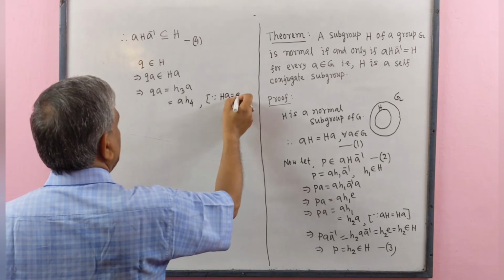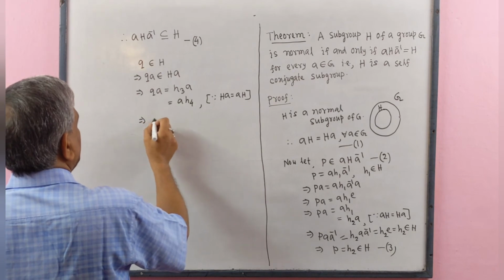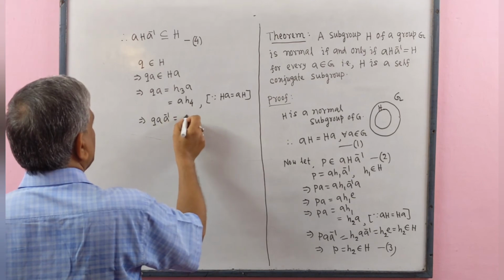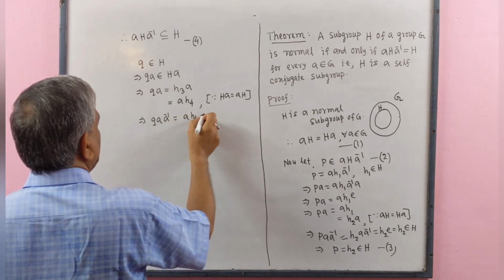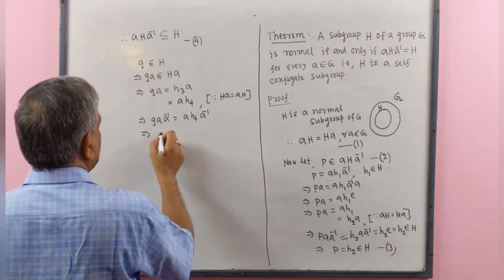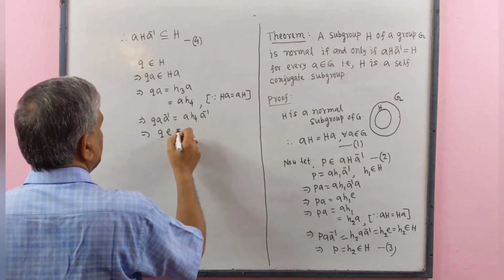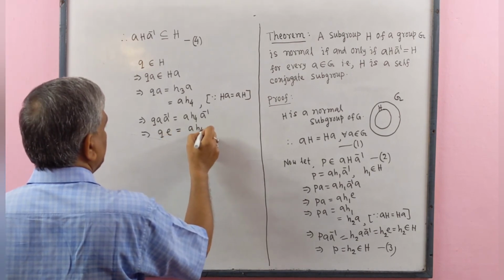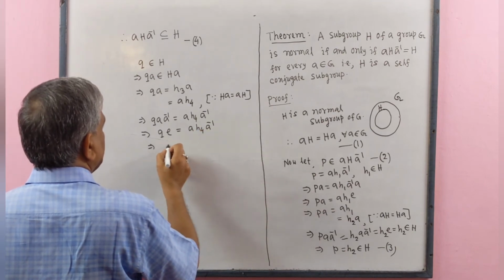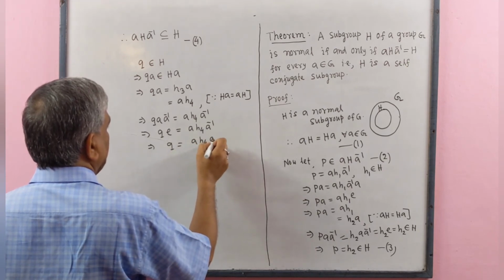Since HA equals AH, this implies that QA inverse equals AH4 A inverse. This implies that QA inverse is the identity element, equal to AH4 A inverse, which implies that Q equals AH4 A inverse.